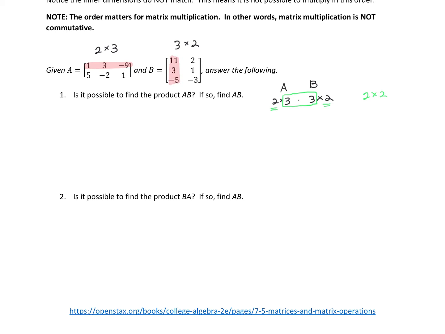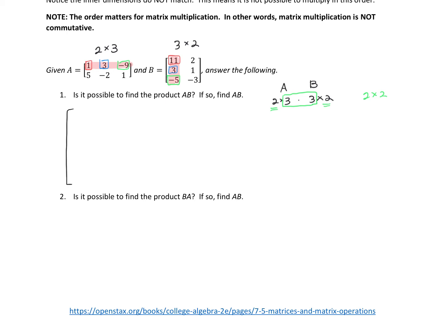So the first row times the first column. It's multiplication of the following: 1 times 11 plus 3 times 3 plus -9 times -5. I'm going to write this out long, okay?